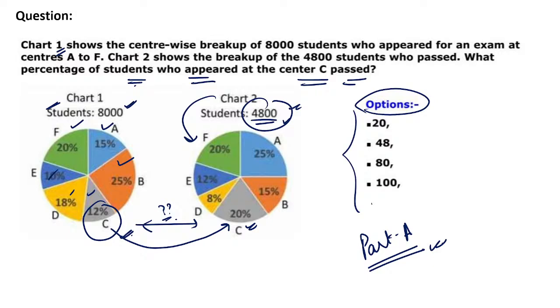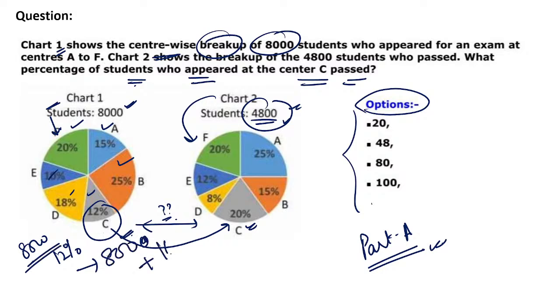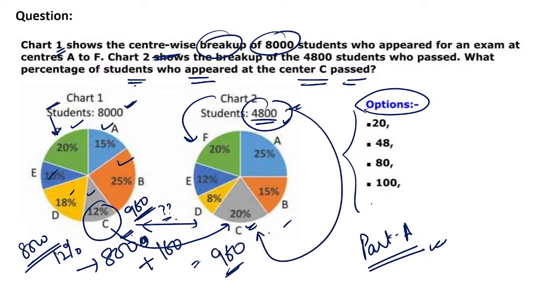Then everyone, let's see. What is the center-wise breakup of 8,000 students? In 8,000 students, 12 percent appeared. So 10 percent of that is 800, plus 160, so the total is 960 that appeared in Center C. And 20% of 4,800 is what?